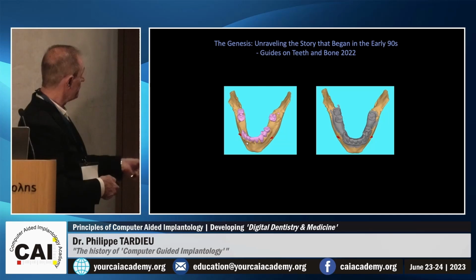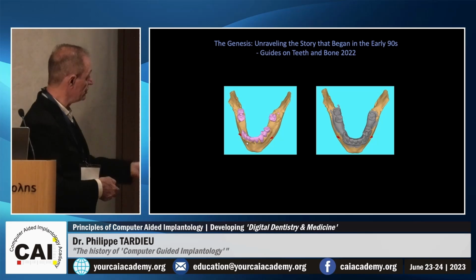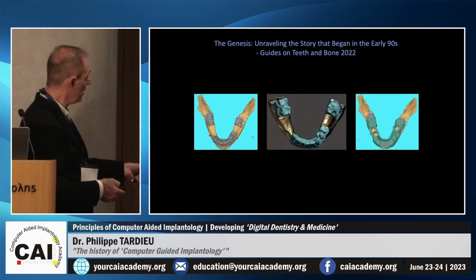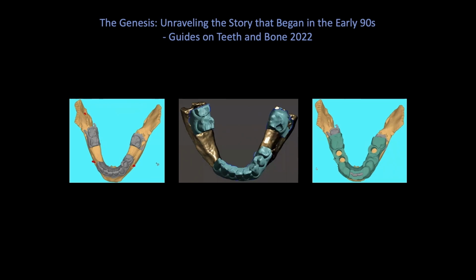So we start from this, where you have the bone and the teeth. You overlay a cast or a digital image of the arch, and you have this. This is the mucosa. This is the teeth. Working on a different software, we are going to link the teeth and the bone.